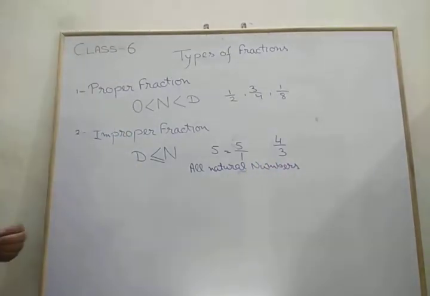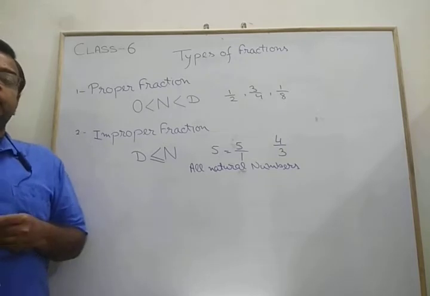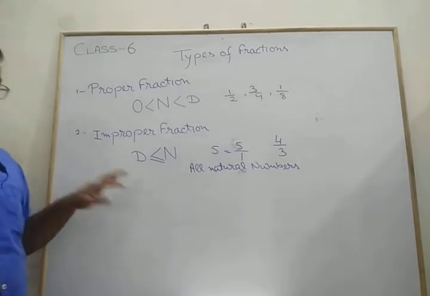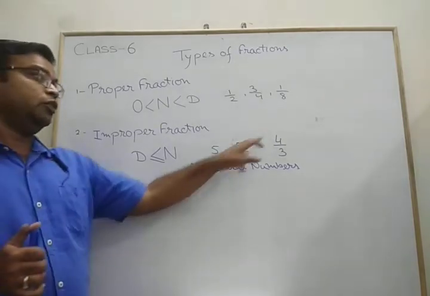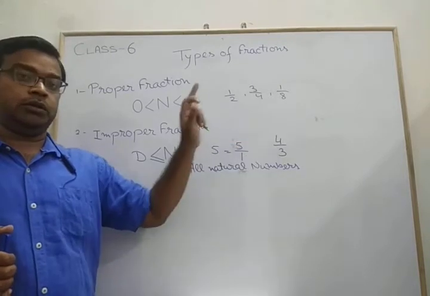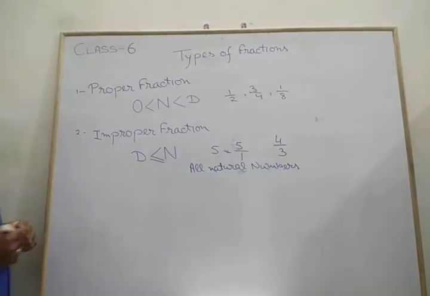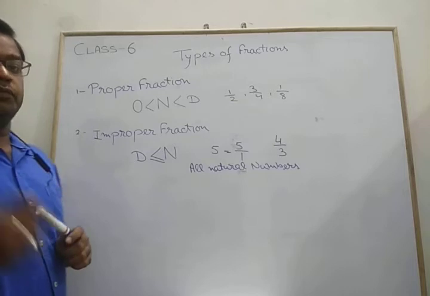All natural numbers are examples of improper fraction, as well as fractions where numerator is greater than denominator. This is your concept.